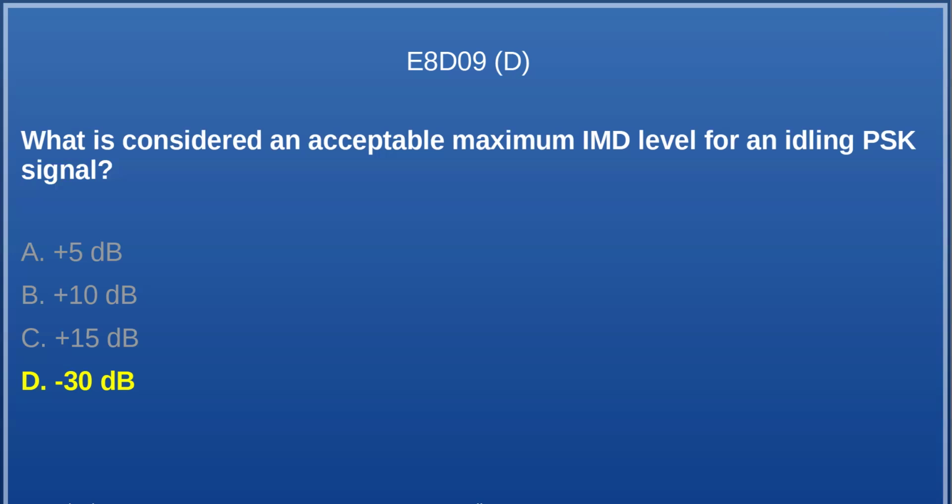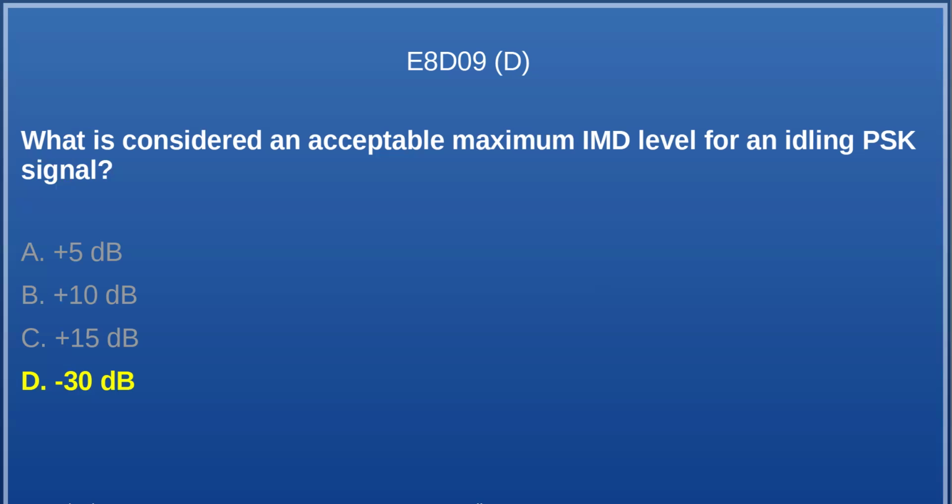Remember, 30 dB down is a thousandth. Every 10 dB is 10 times. Vice versa, if it's 10 dB down, it's a tenth. So 1,000 is 10 times 10 times 10. If you remember the formula for dB, it's 10 times the log of the ratio.